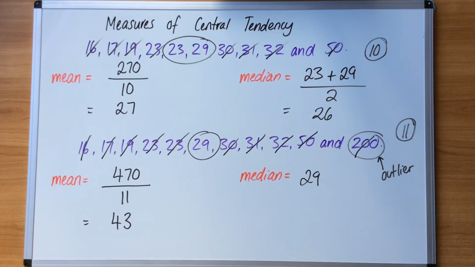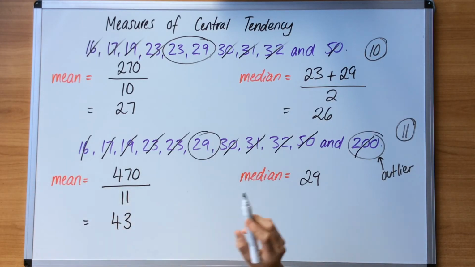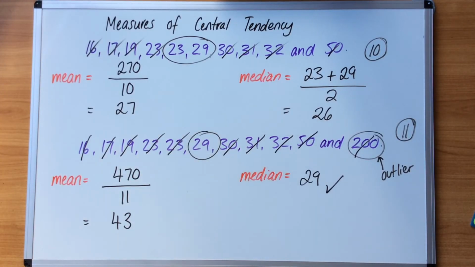So when we are looking for the best representation, whether it be the median or the mean, when we have a big outlier significantly higher or significantly lower, the median is the best representation of that data. And going back to this first example, the rule of thumb is to choose the mean over the median when you have data that does not have any outliers that are significantly larger or smaller than the rest of the data.